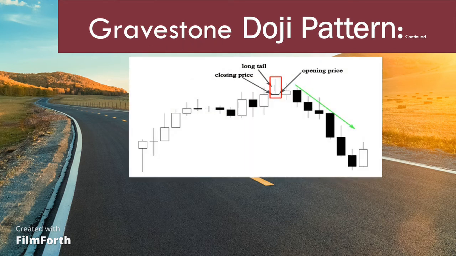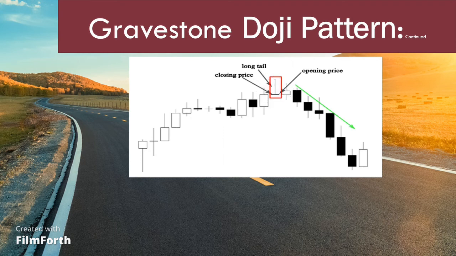If you look at this chart, the market was going up from here up to this level, and at the top of the trend, you can see a Gravestone Doji pattern, which is the opposite of the Dragonfly Doji, occurs here.